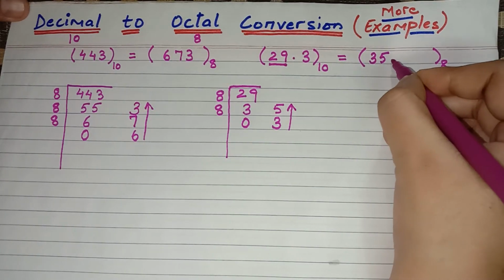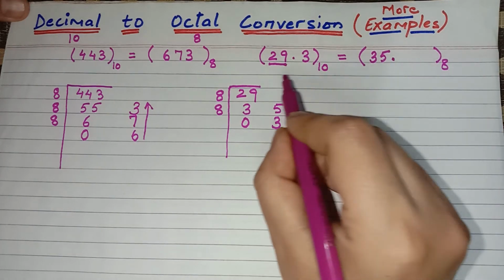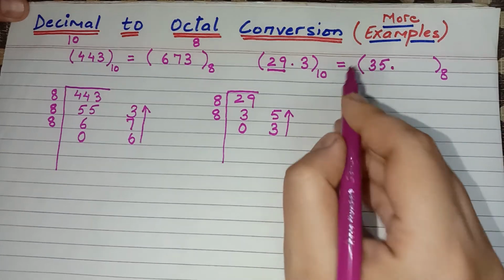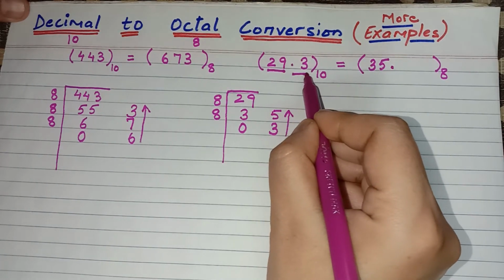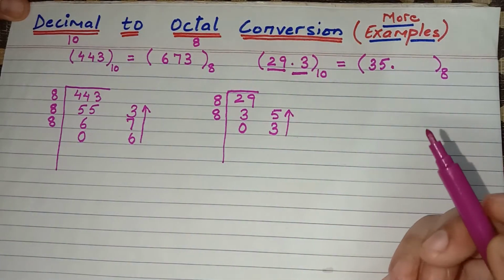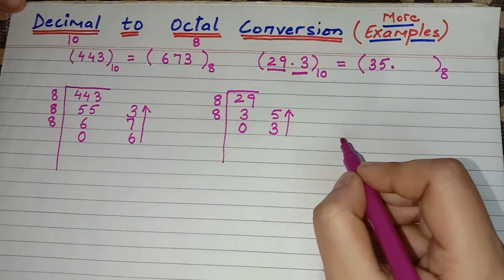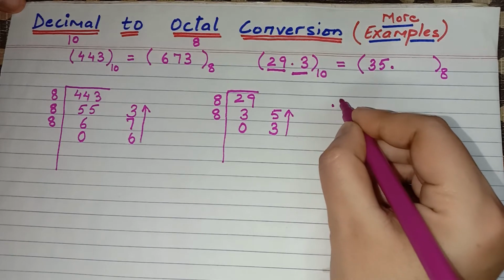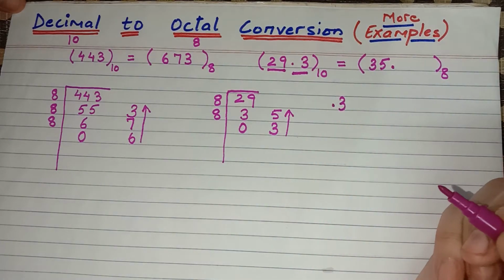But the thing is, till now we have only converted the integer part of the decimal number into the octal number. Now we are left with the fractional part. So we will be doing the conversion now with the second step, that is we will be taking this 0.3 fractional part.